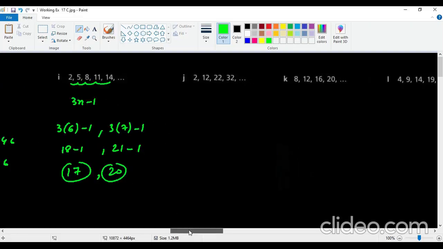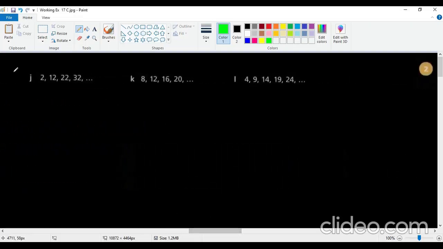Now in the next question, as you can see, the difference between them is 10. All of them have a difference of 10, and I know very well 10n. What should I do with 10 to make it a 2? Definitely we are going to subtract 8 from it.